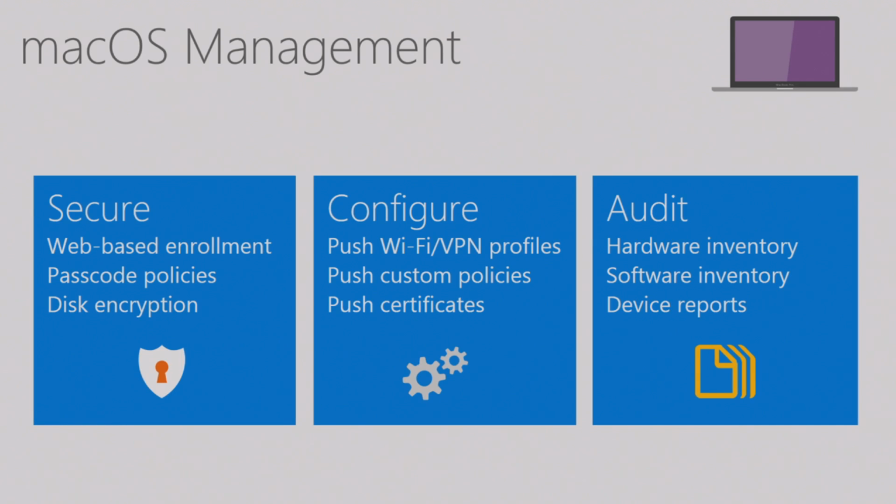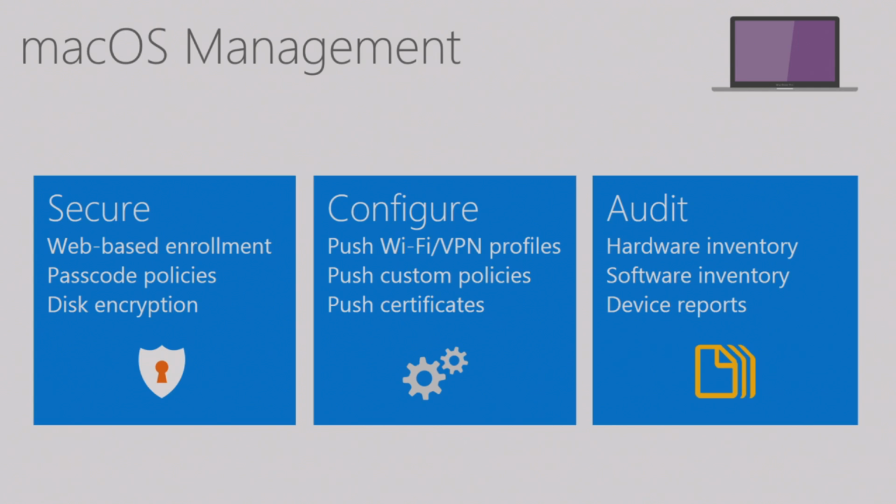And so initially, we delivered in these 3 buckets. Security, so being able to enroll, make sure it's there. Passcode policies. We also added being able to report on compliance and non-compliant apps, and setting up disk encryption. Through our configuration, that is pushing Wi-Fi and VPN profiles, pushing all different types of certificates, and then using that custom policy UI I showed you earlier.